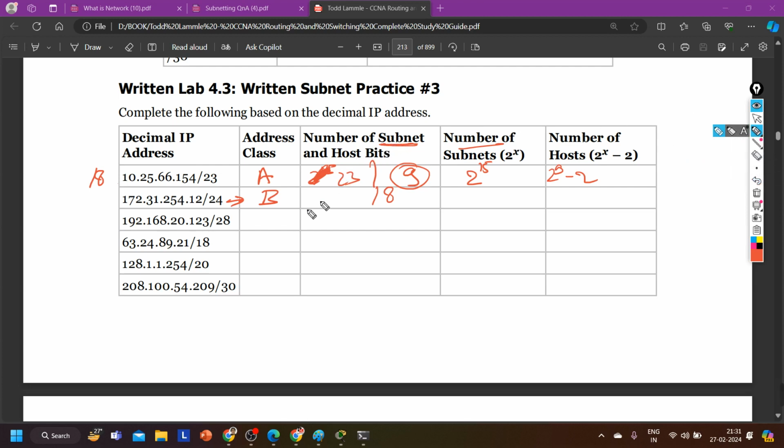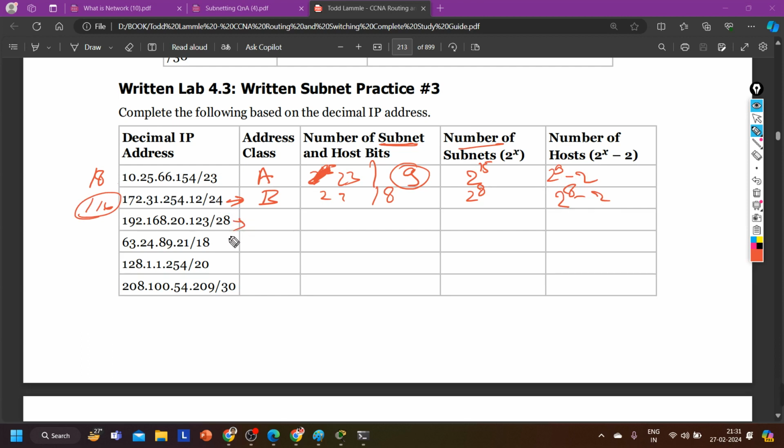For this, network bits are 24 and host bits 8. Number of subnets is 2 to the power 8, because this IP address belongs to class B. For class B, the default CIDR value is 16, and I am using slash 24. That means we have borrowed 8 bits, right? Yes. So 2 to the power 8 networks and valid hosts 2 to the power 8 minus 2.